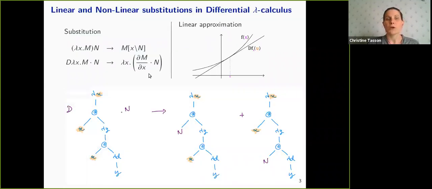Okay, so what we observe here is that we have two kinds of substitution. One which is nonlinear, where you might have to either duplicate n or erase it during the evaluation, and one which is linear, where you will use exactly once n during the evaluation.